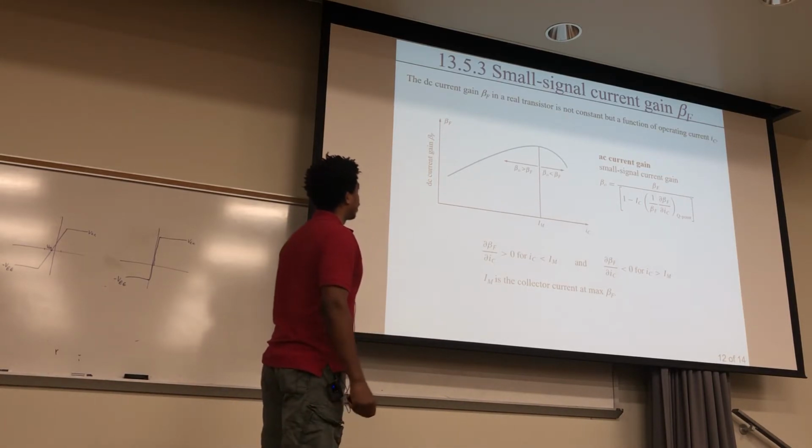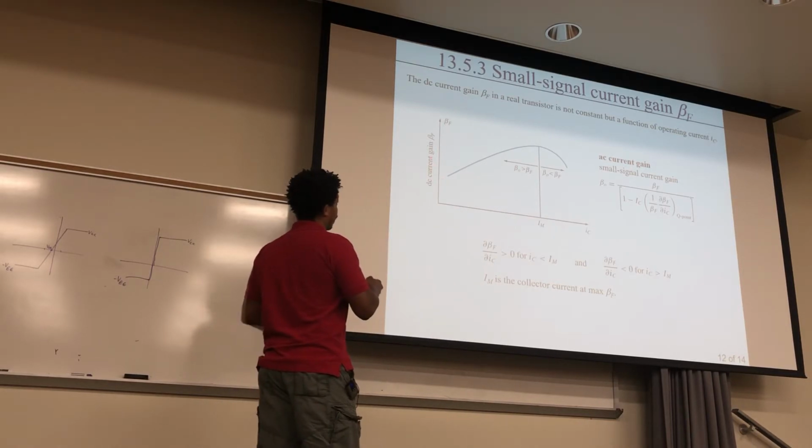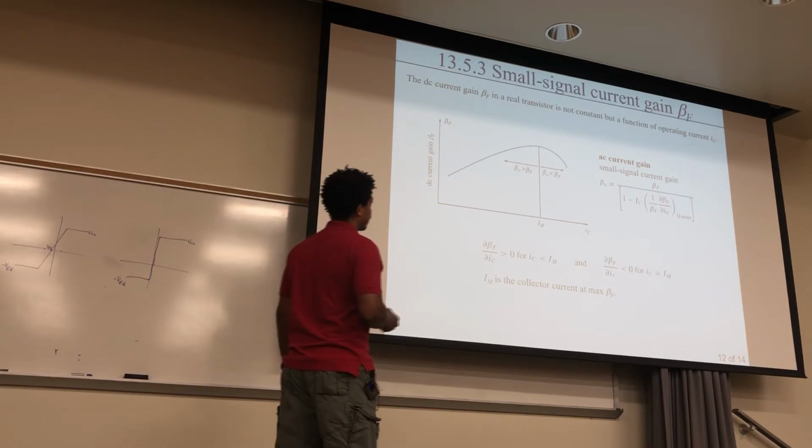So this right here is the AC current gain. Remember, this is the DC current gain, beta F. Beta 0 is the AC current gain. There is some beta F in there, but it behaves slightly differently.